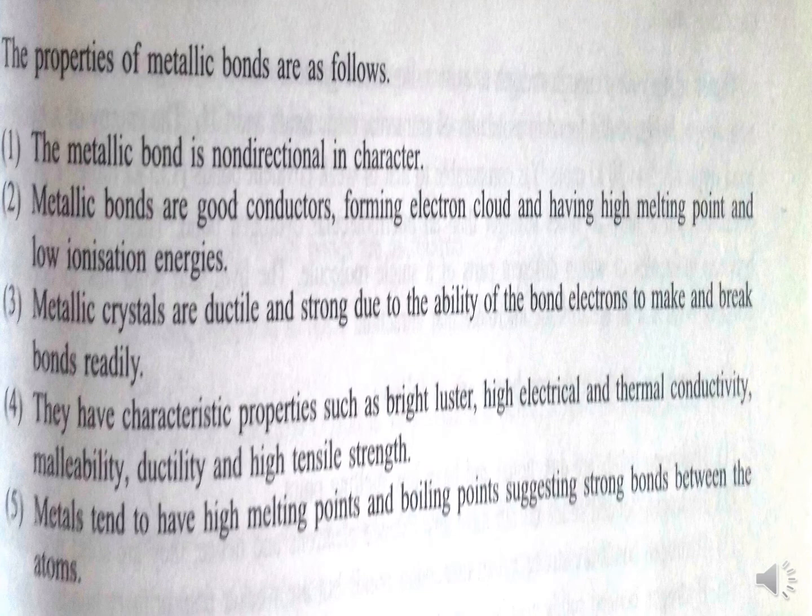They have characteristic properties such as bright luster, high electrical and thermal conductivity, malleability, ductility, and high tensile strength. They can easily form thin sheets, and due to ductility we can make metals into thin wires. They have high tensile strength and mechanical strength. Metals tend to have high melting points and boiling points, suggesting strong bonds between the atoms.